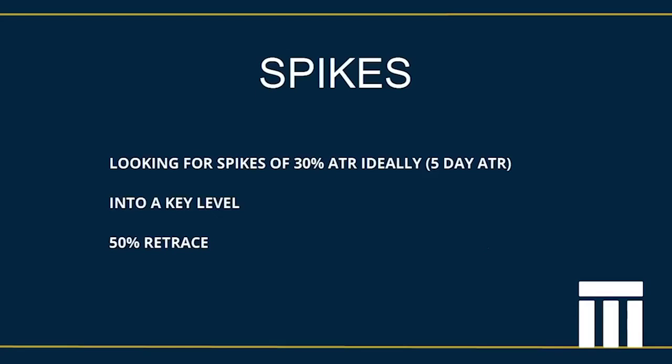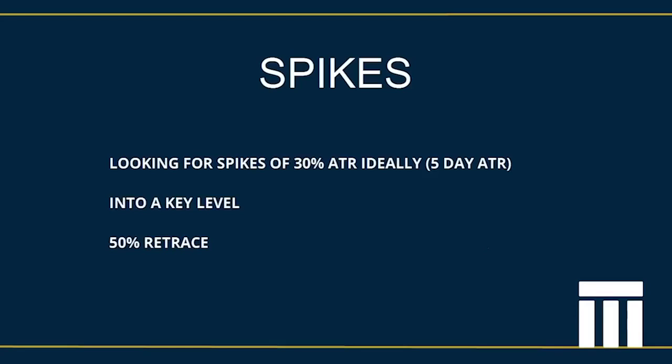We want it to be into a key level. So that's important because if it's into a key level, there's more chance of the market turning at that point. And remember, a spike is an imbalance anyway. So it's a quick move in price action which reverses very quickly.